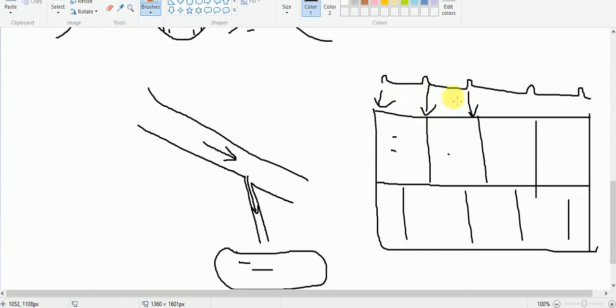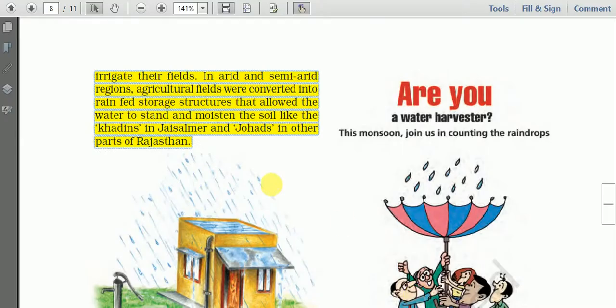When there is rainfall, rainwater will be collected here. These bunds will obstruct the flow of rainwater, and the rainwater will be absorbed underground, and hence the soil is moistened. This is what we call Khadins and Johads in different parts of the state of Rajasthan.